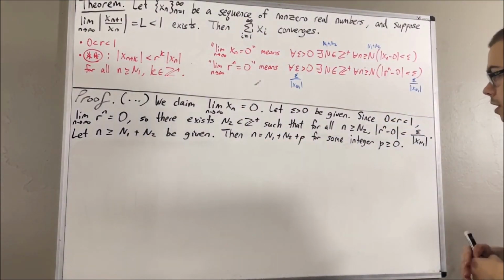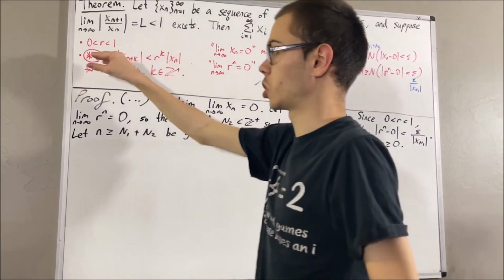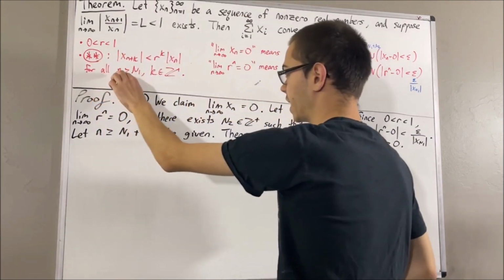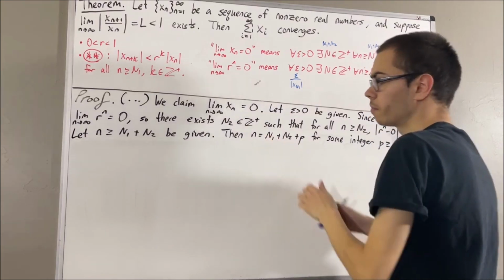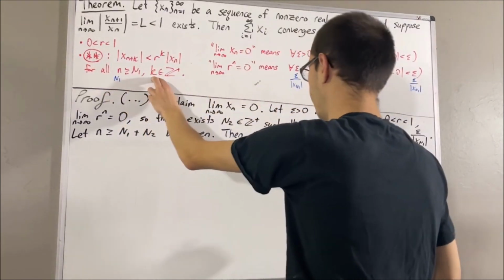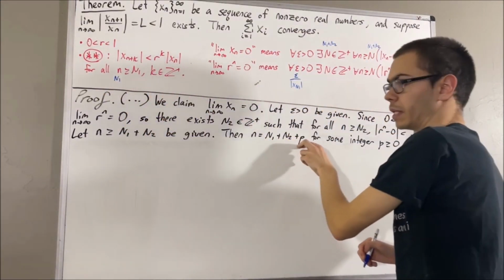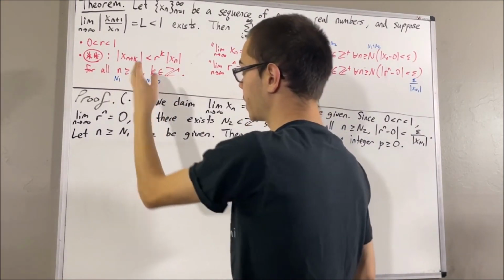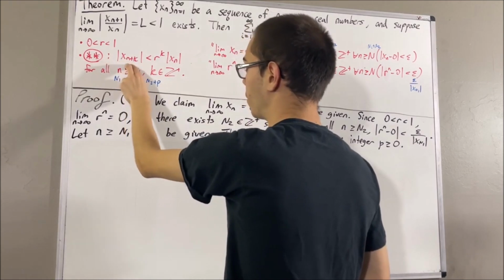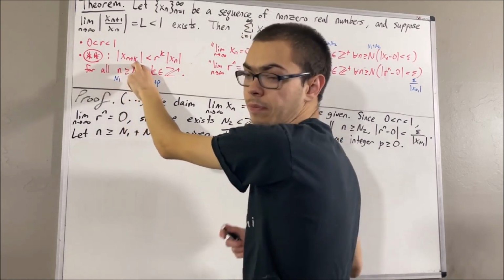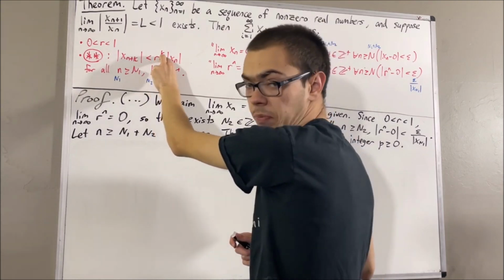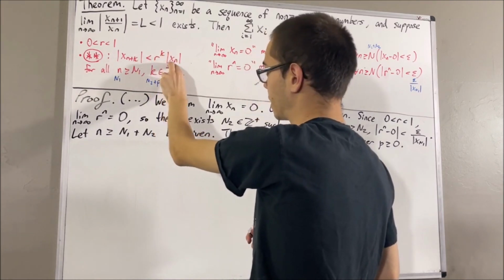But now that we have that, we're actually going to apply star star. In applying star star, we're going to take n to be capital N1, and we're going to take k to be capital N2 plus p. With these two choices, we get that the absolute value of x sub capital N1 plus capital N2 plus p is less than r to the power of capital N2 plus p times the absolute value of x sub capital N1.